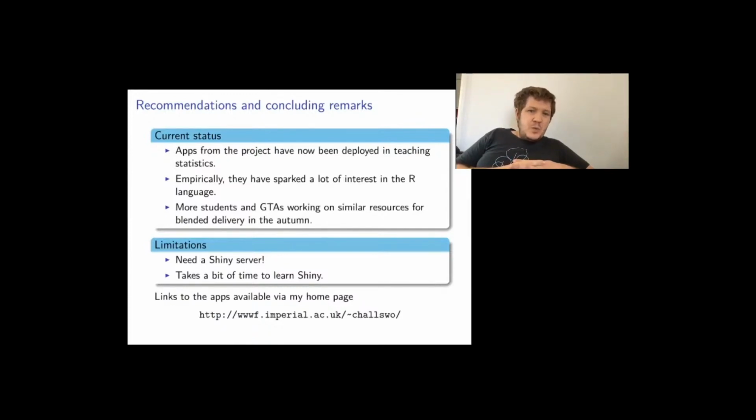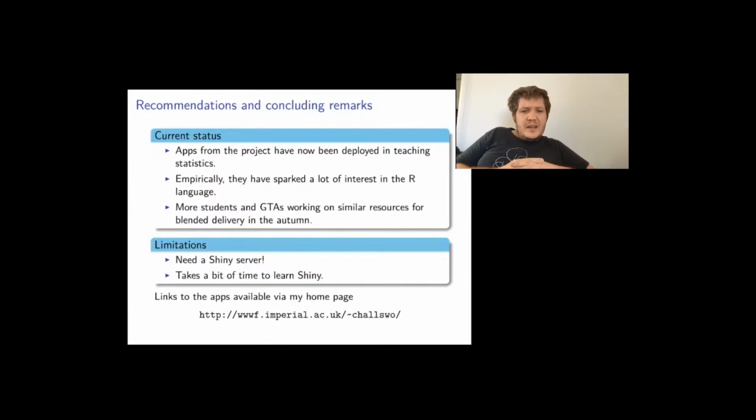So that's a few comments about where the project is now. A couple of limitations. To run the R Shiny apps, you do need an R Shiny server, so you need something running in the background that's doing the computations, doing the simulations. That's a bit of a pain to set up for most people. We're lucky to have someone in the department who takes care of research computing who had set up the R Shiny server before this project began, so that wasn't too hard for us.